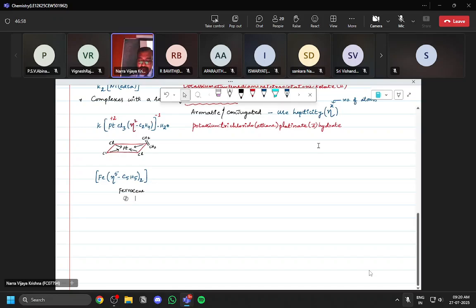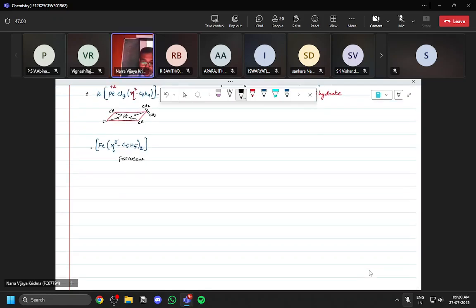Now, what is the oxidation number of iron here? C5H5: all carbons are donating pi electron cloud. So how should it be? Is it 5 carbons? Pi bond, pi bond.